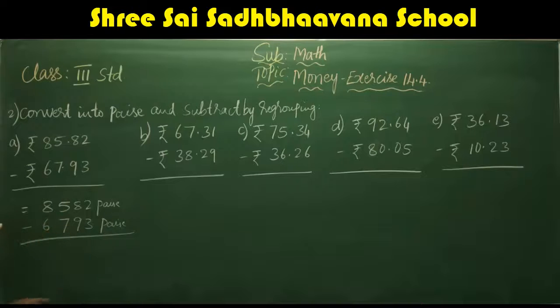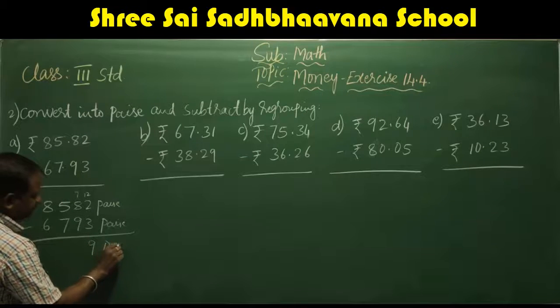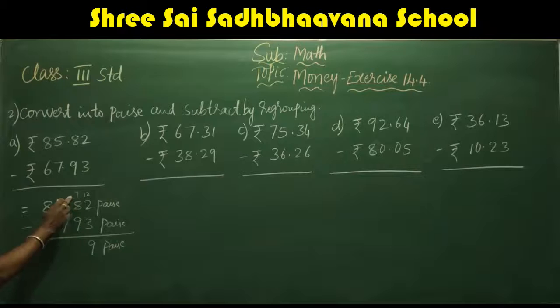12 minus 3. This becomes 2 minus 3. It is not possible. So we'll take the carry. So this becomes 7. This becomes 12. 12 minus 3, 9 paise. This becomes 7. So 7 minus 9 is not possible. Take one carry to here. This becomes 4.